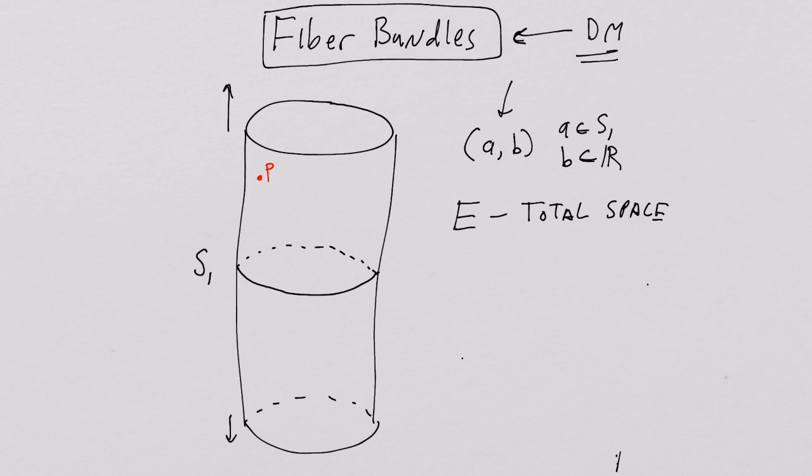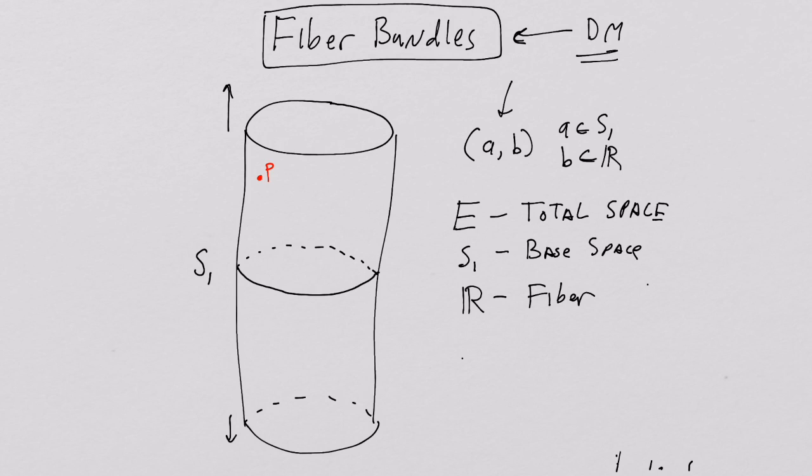But as we can see by the way we've constructed this, I also have this S1 involved, right? And I also have these real numbers involved. The S1 I'm going to call the base space, and the R I'm going to call the fiber.